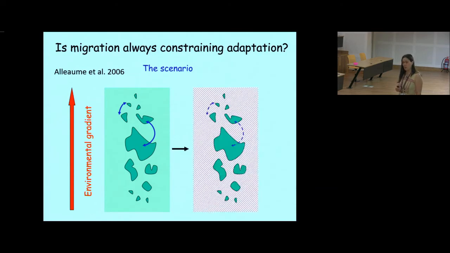And because of variation in the surrounding matrix, suddenly you start to have much less migration between different patches of habitat. What would be the consequences for, specifically, we focused on the adaptation at the margin of the range. So what would happen for those small marginal populations that are at the margin of the species range?